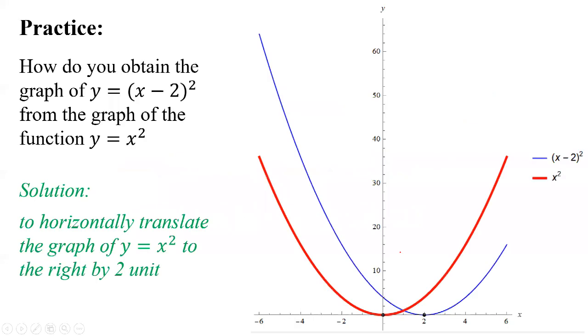Okay, so if you draw a graph to illustrate this problem, this is our original function, x squared. And if we put a minus 2 here, this means we need to translate this function horizontally by 2 units to the right, which becomes the blue curve here. This is the square of the difference between x and 2, right?